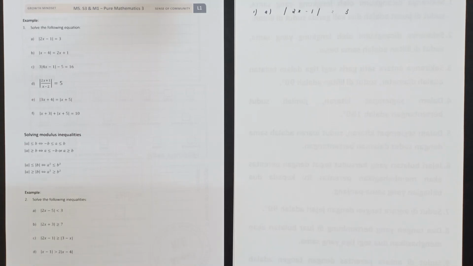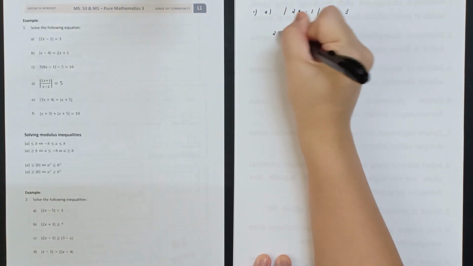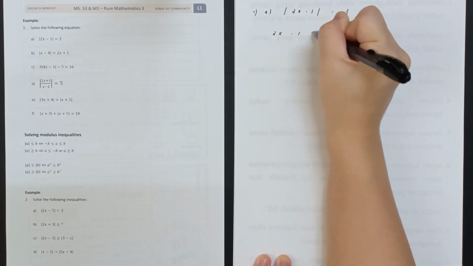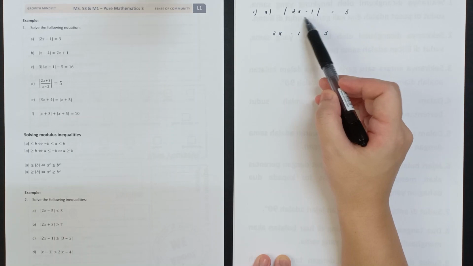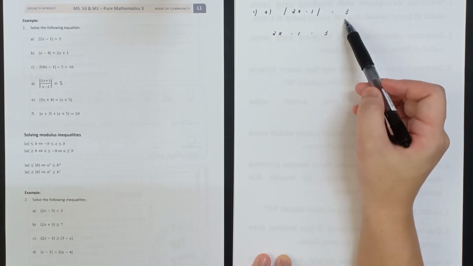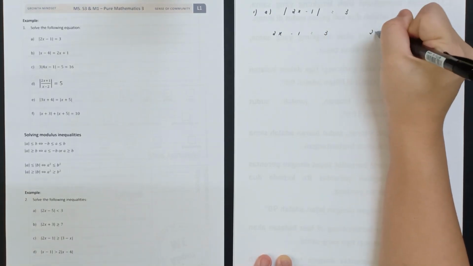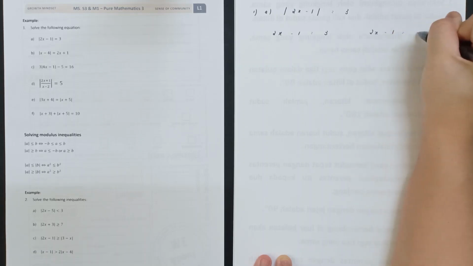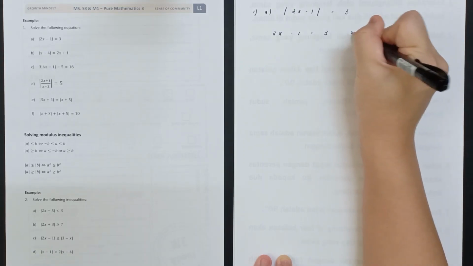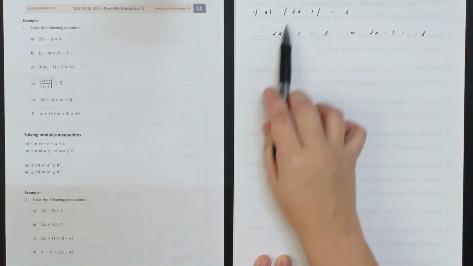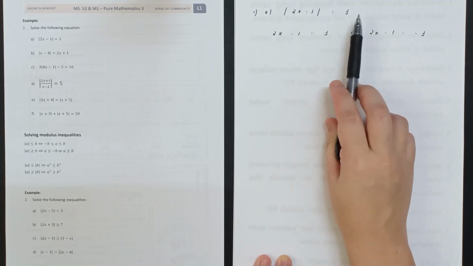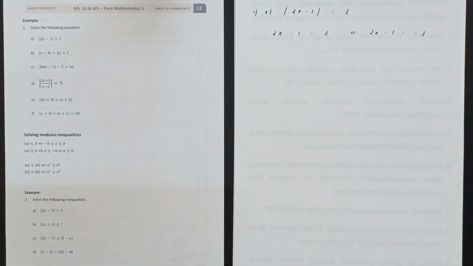So what you can do is 2x minus 1 equals 3, because after you take the modulus you get 3. The other one is 2x minus 1 equals -3. If 2x minus 1 is -3, after the modulus it will equal 3 as well. So this is how you get these two.